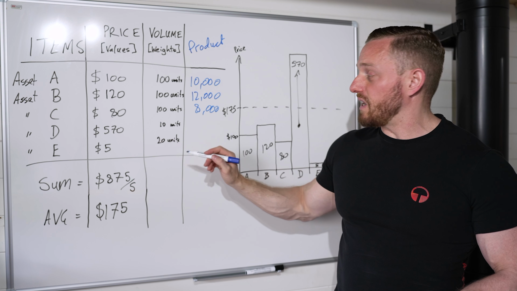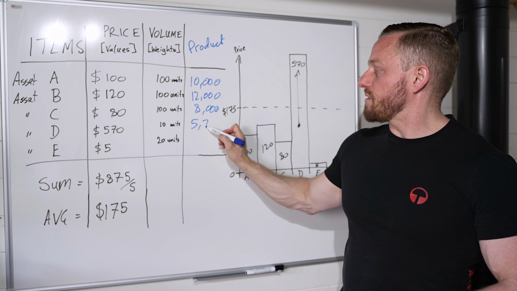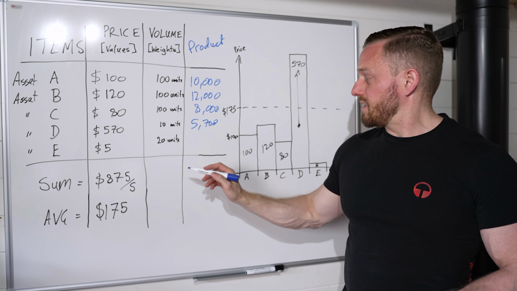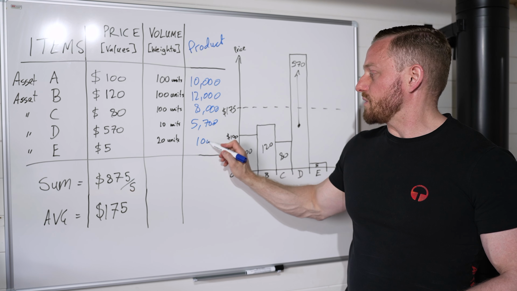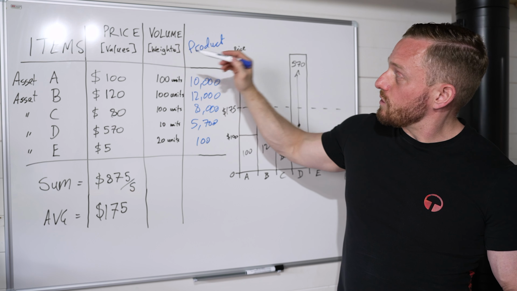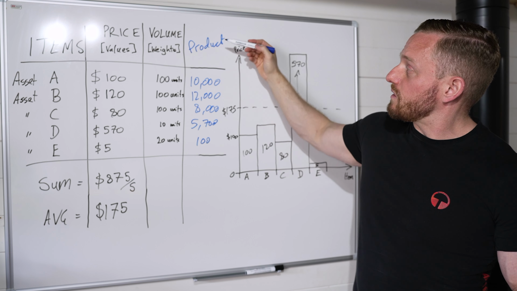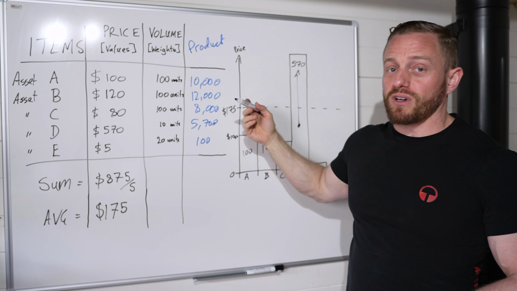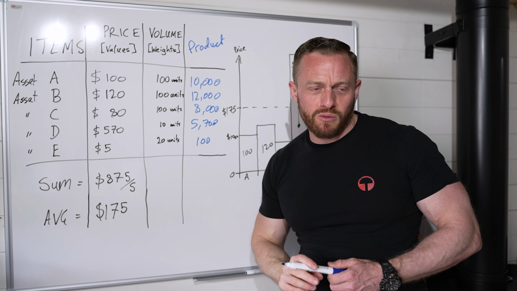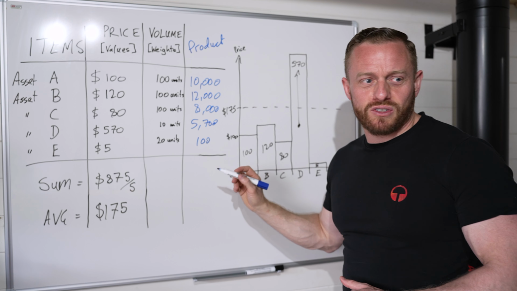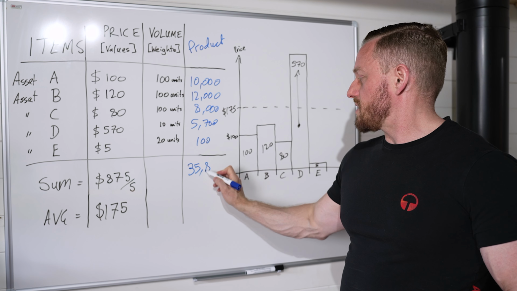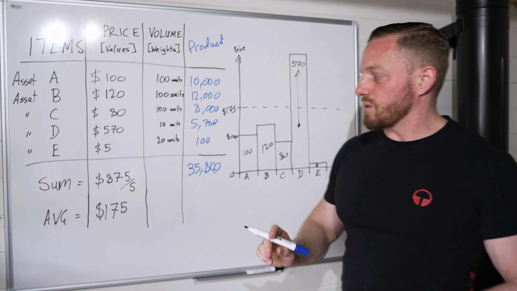570 times 10 is 5,700. And 5 times 20 is 100. Now, to do the weighted average, we take the sum of the products. So we add up all of those, and that comes to, based on my earlier calculations, 35,800.